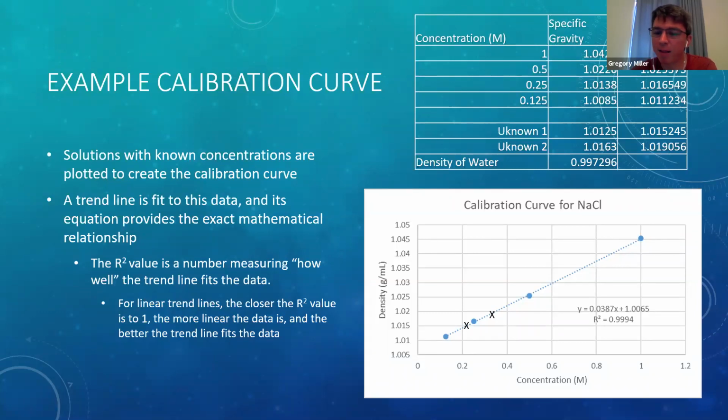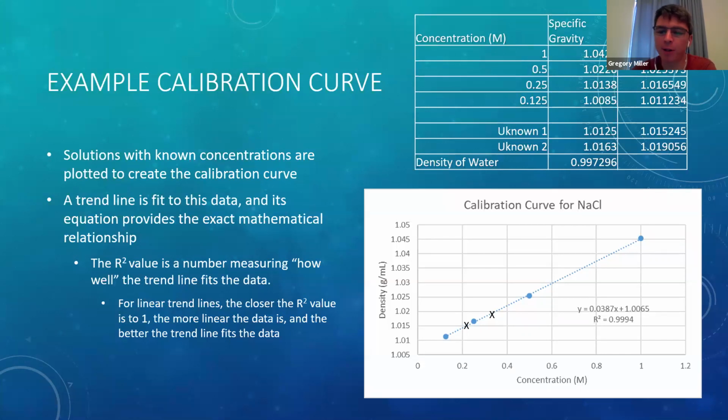Those black X's are what density falls on our trend line, and those densities are the densities of unknown 1 and unknown 2. So we can already kind of see around where their concentrations should be, and because they're between known points that we have between blue dots, we are doing interpolation to determine their concentration.